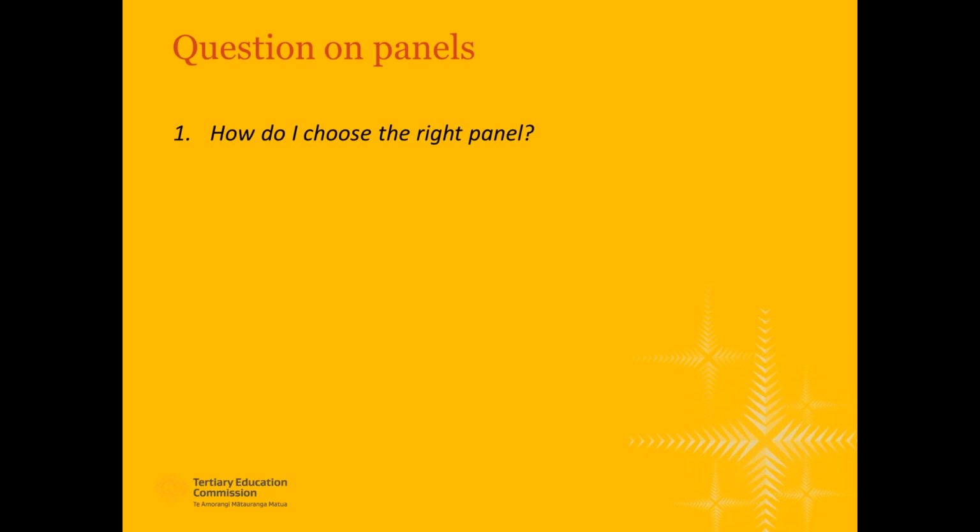And so it's really important that you look at the panel-specific guidelines and look at the areas that that panel expects to see. And of course, the main guidelines do also state that the majority of your research outputs should actually align to that panel. So, I mean, those are the two basic things to look for when you are selecting a panel. And obviously, talk to the person in your research office about it as well.